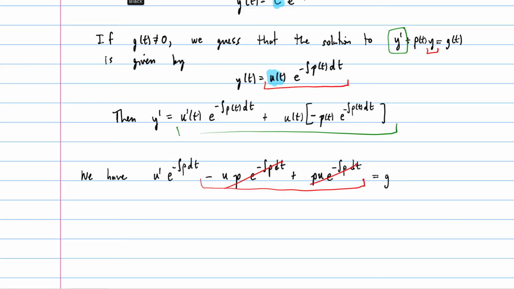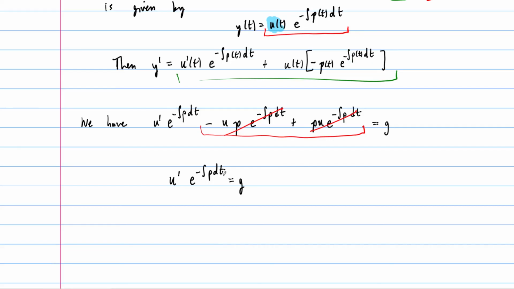And we are left with this equation then, that u prime e to the minus integral p dt is equal to g. Again, this is a positive function, so we can multiply through by e to the positive integral p dt, and we get du by dt is equal to e to the integral p of t dt times g.